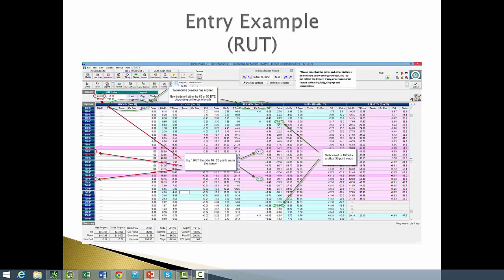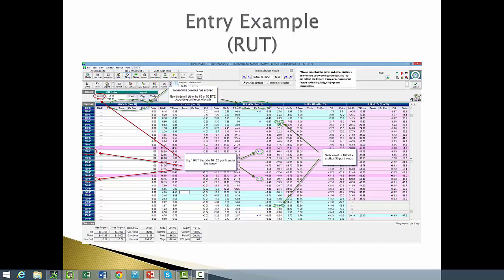So here is an example. The Russell price is 774. We come to 63 days to expiration. You can see the November has expired, so we're going to go into January. This might be 56 or 63 depending on which expiration cycle we're in. We're going to take our closest to 10 deltas.